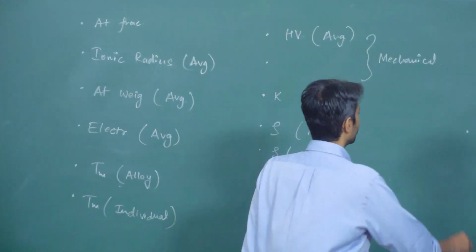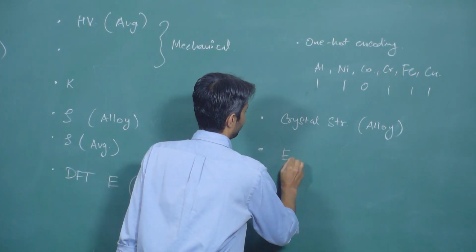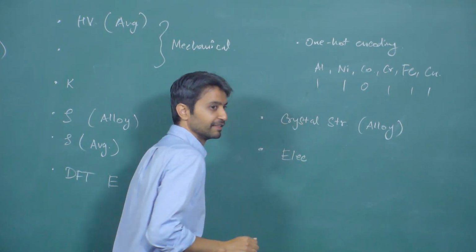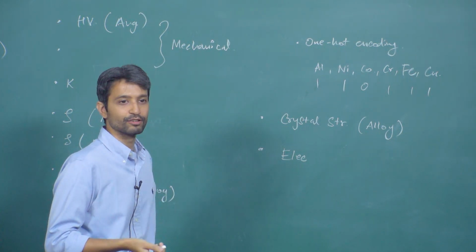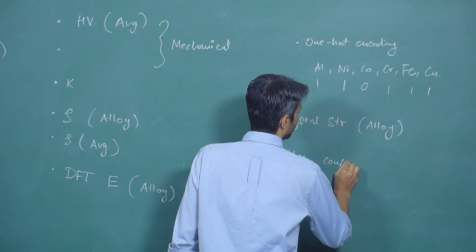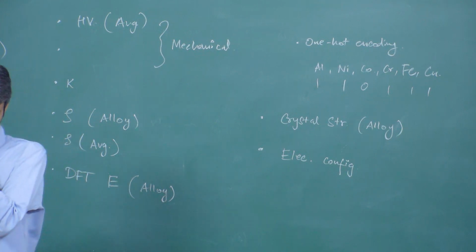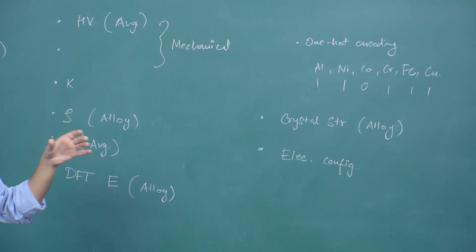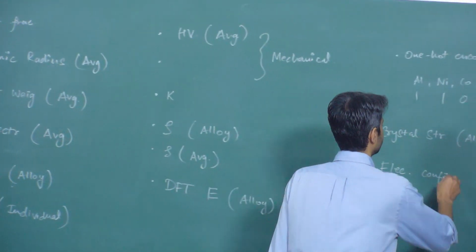Very good. Electronic configuration, why do you say this? For individual elements, the valence electron will be different. Yeah. So say d electron, especially 3d, d electron configuration is very important. Now this electronic configuration, do you want it at an alloy level or individual element level? Okay.